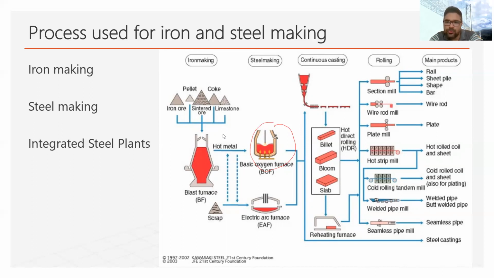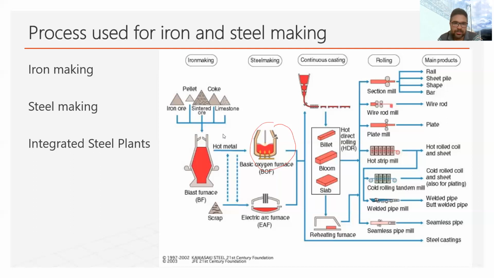So if we refine the pig iron, then the refined iron will become steel. In the refining process, the excess carbon and other unwanted impurities are removed, and the slag is basically the residual material.